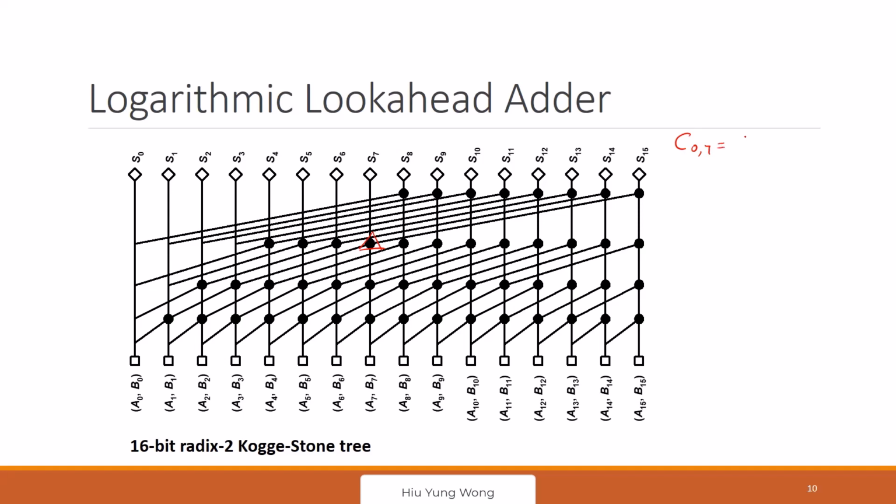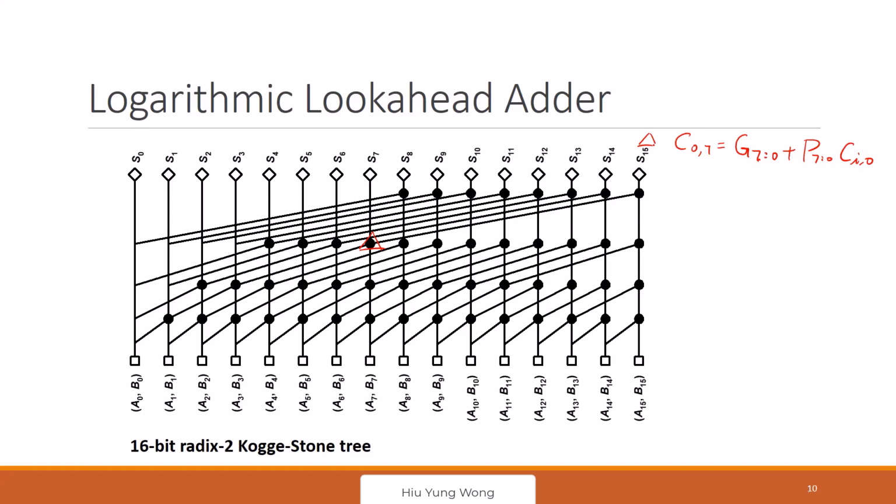Just think of it as a whole block, from 7 to 0, generate, or 7 to 0 propagates, but we have a carry in. This one is okay.